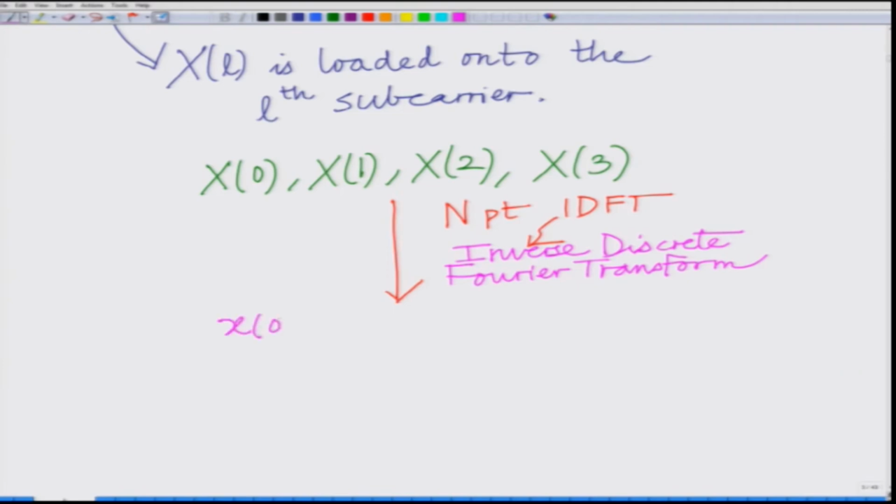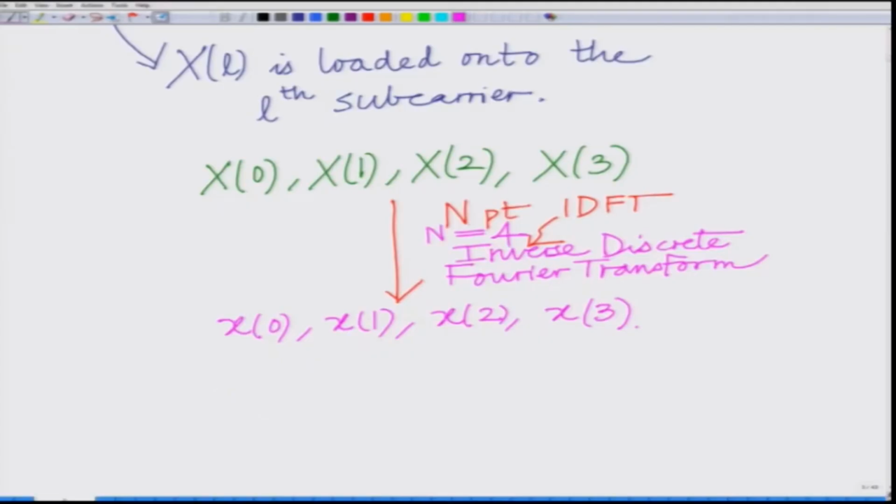To get the IDFT samples, these are the small x's, small x0, small x1, small x2, small x3. So, in this case you have the N equal to 4 point IDFT. You take the symbols capital X0, capital X1, capital X2, capital X3 and load them onto the subcarriers, which means you take the N-point IDFT.